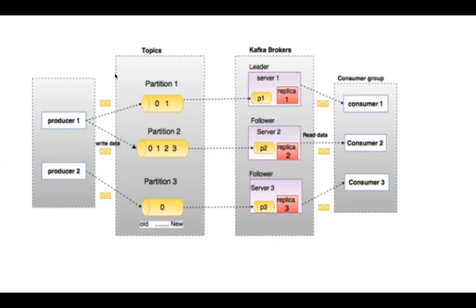Each topic can be divided into one or more partitions. Each partition has a broker. Consumers form a group. Multiple consumers can be assigned to one partition, or a single partition, however the need be.